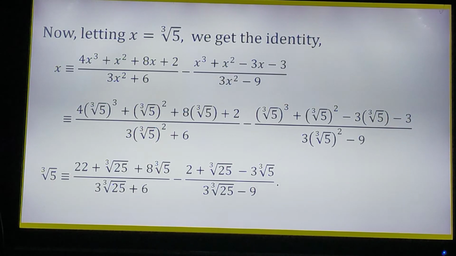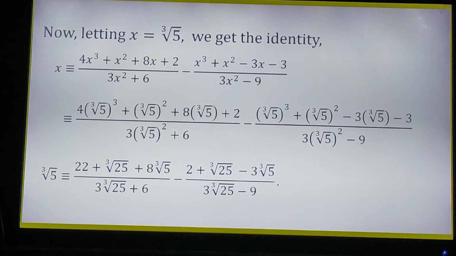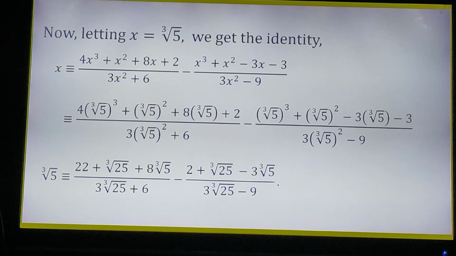So simplifying this, we have the cube root of 5 equals 2 plus the cube root of 25 plus 8 times the cube root of 5 over 3 times the cube root of 25 plus 6 for the first rational expression, and 2 plus the cube root of 25 minus 3 times the cube root of 5 over 3 times the cube root of 25 minus 9 for the second.